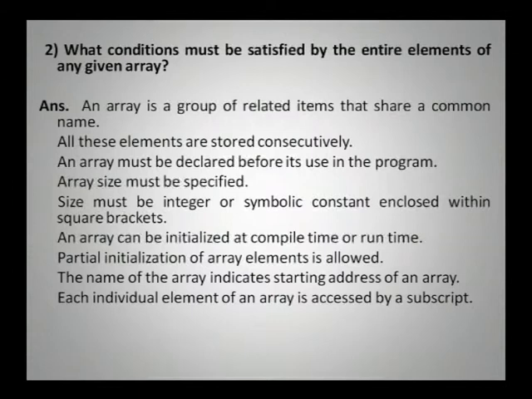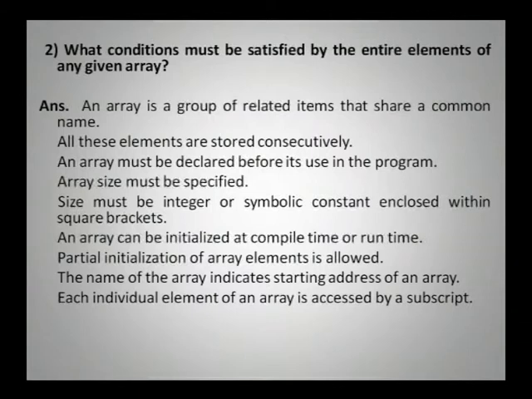So, they share a common name, and all these elements are stored consecutively. Depending on what data type it is, so many bytes of memory would be allocated for each of these array elements. The only thing is that these elements are going to be sequentially allocated.